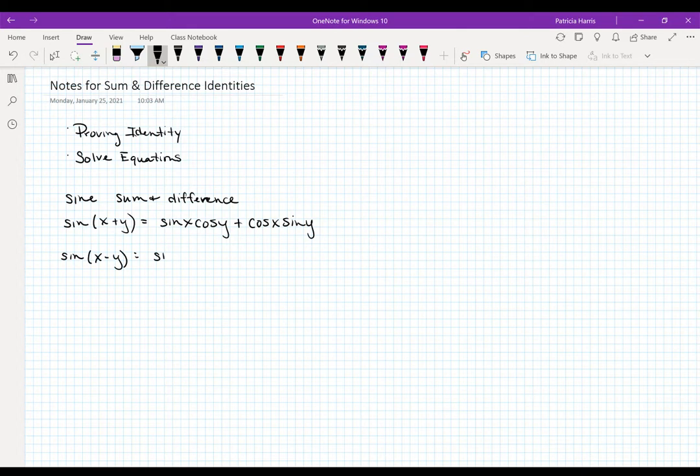Now, what I want you to notice with this one is sine and cosine switch, they take turns. Also that the sign itself is preserved. So if you have a sum on the left hand side, you have a sum on the right hand side. If you have a difference on your left hand side, you also have a difference on your right hand side. Cosine is a little bit different.